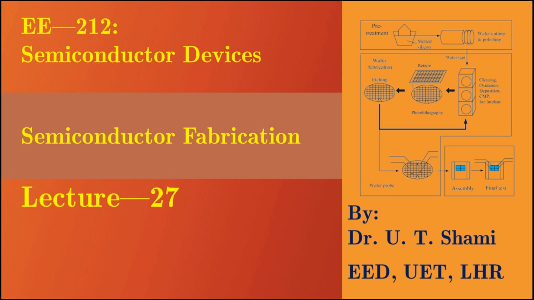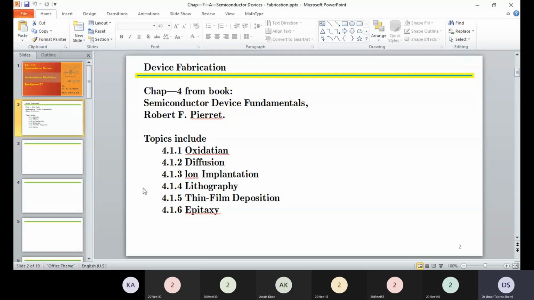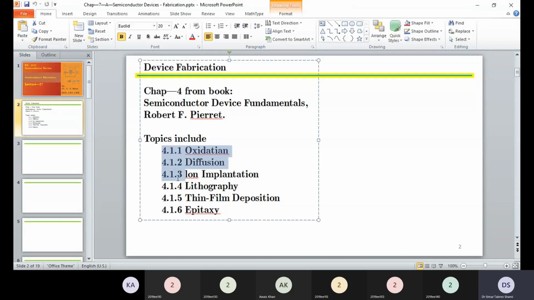So let us now start the class. This is our online lecture on device fabrication. In the previous lecture, we started with chapter number 4 from the book Semiconductor Device Fundamentals by Robert F. Pierret. And so far, we have completed 4 articles, that is Article 4.1.1 to Article 4.1.4 concerning the fabrication of semiconductors.